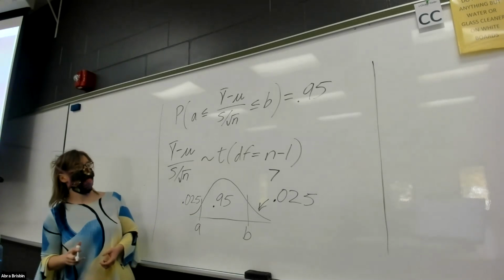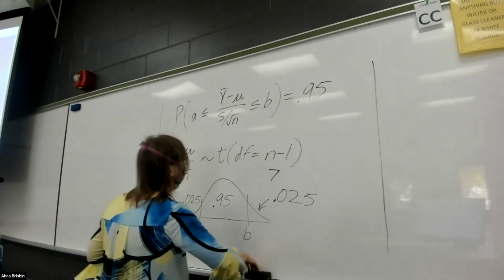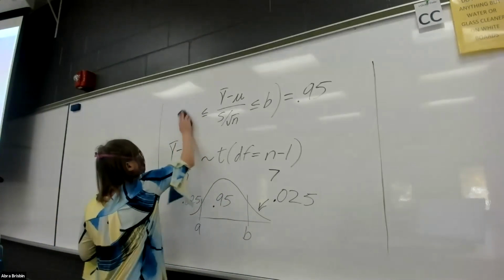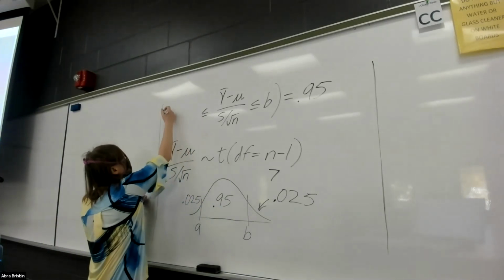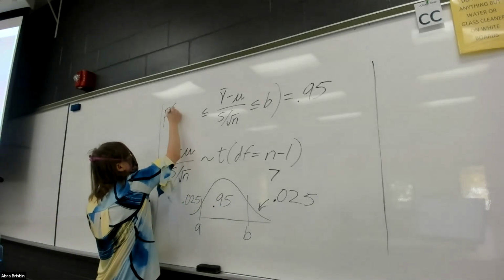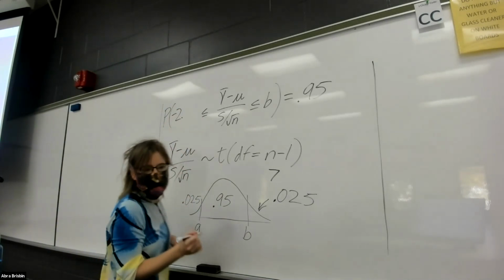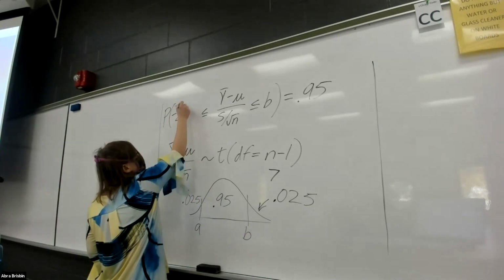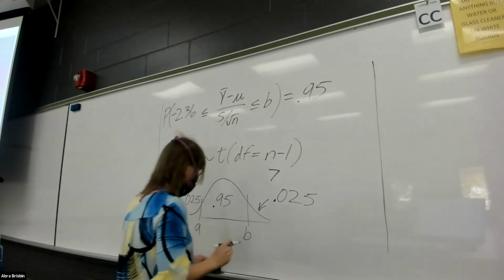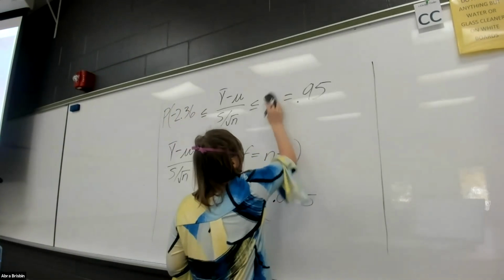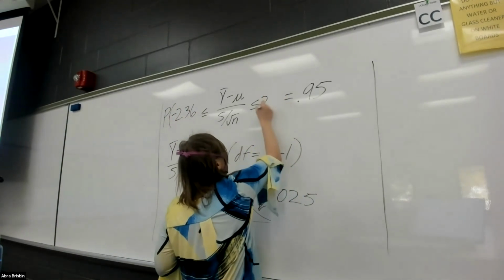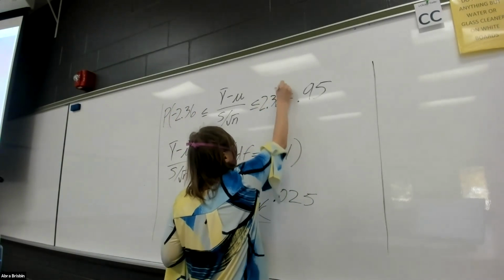All right, so that gets us A is negative 2.36, and B is positive 2.36.